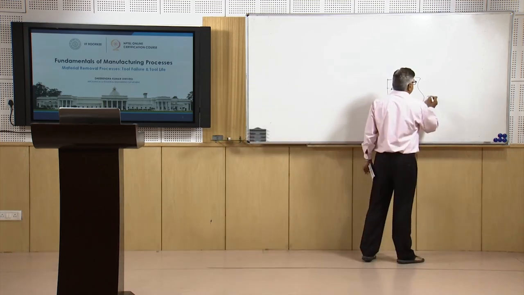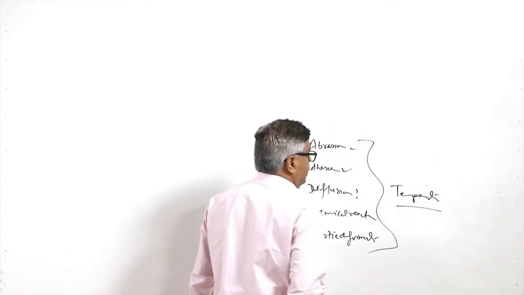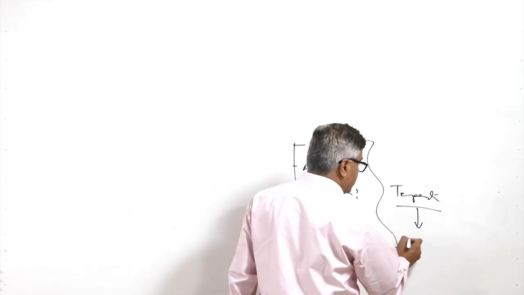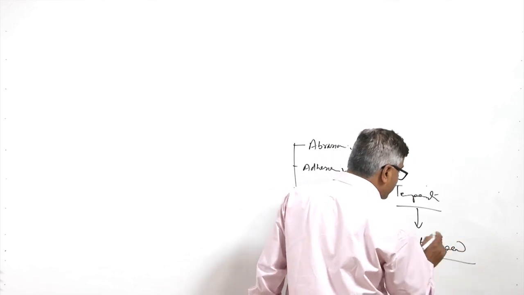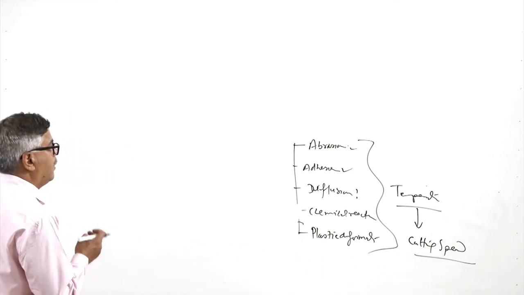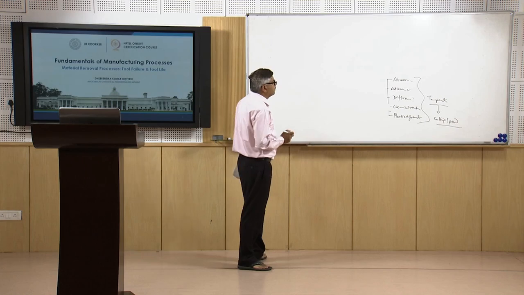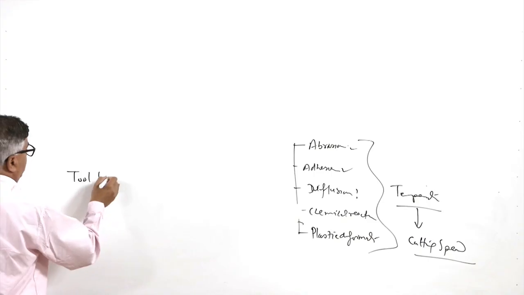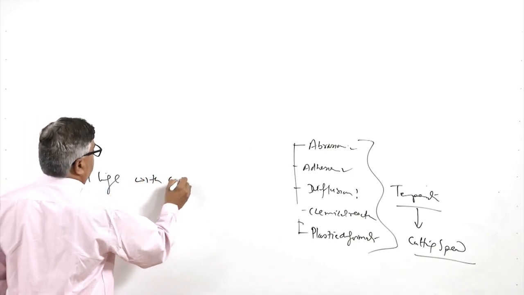So, this is what is related to the wear mechanisms observed in the tools, and temperature is basically the main factor governing these wear mechanisms. The temperature is significantly affected by the cutting speed, because an increase in cutting speed increases the localization of the heat, which in turn increases the temperature at the tool chip interface. Therefore, attempts have been made to relate the tool life with the cutting speed.